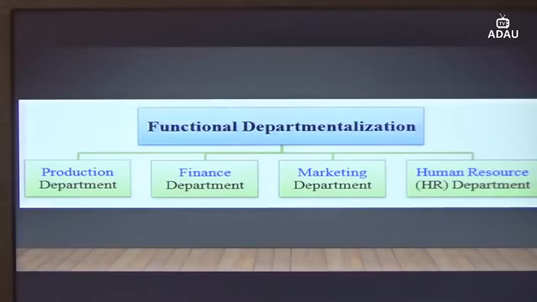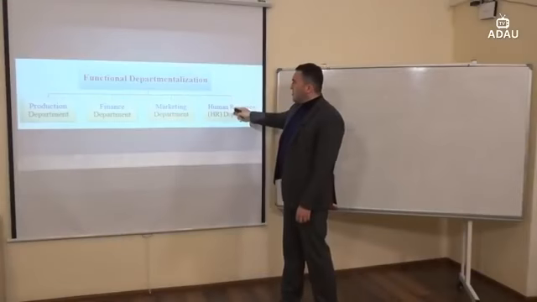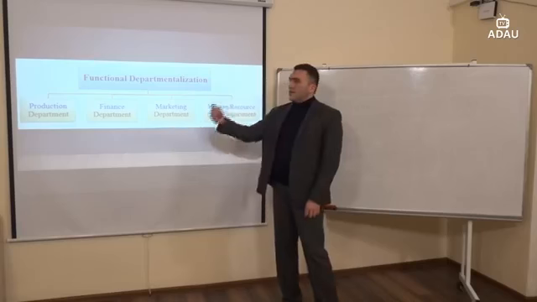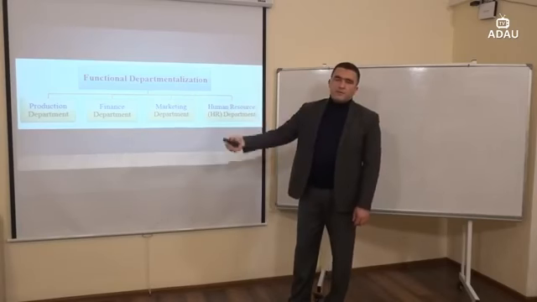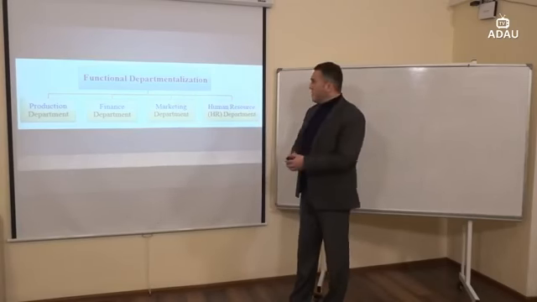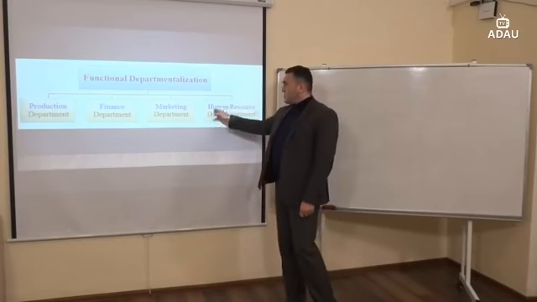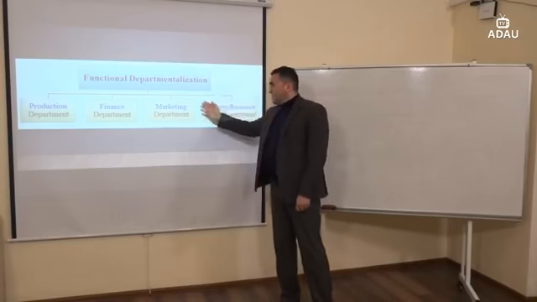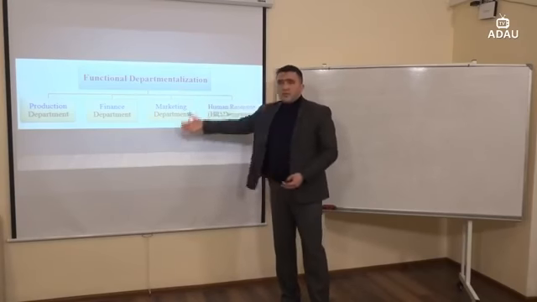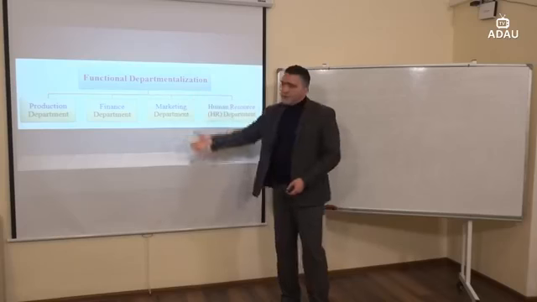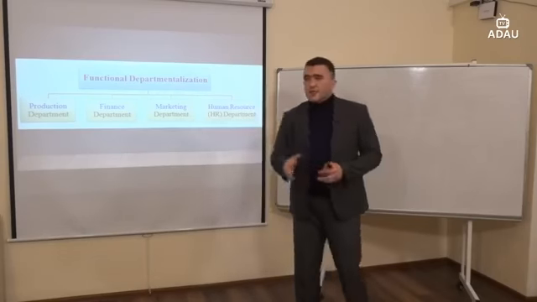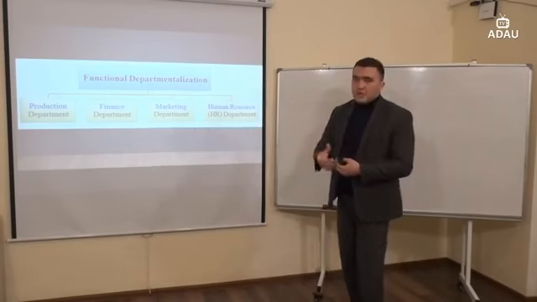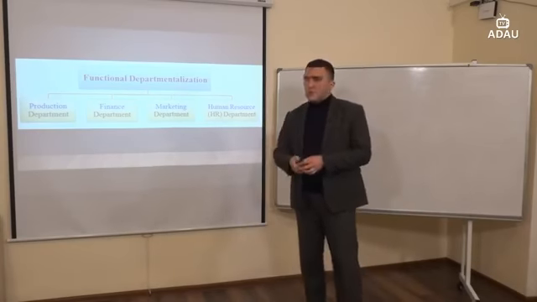This is a functional departmentalization, and it means that all these departments have their own responsibilities. They have clear obligations and so on. For example, the employees of the human resources department couldn't work in the marketing department. They couldn't work in the finance department because they have a clear plan and obligation for accomplishing the goals.